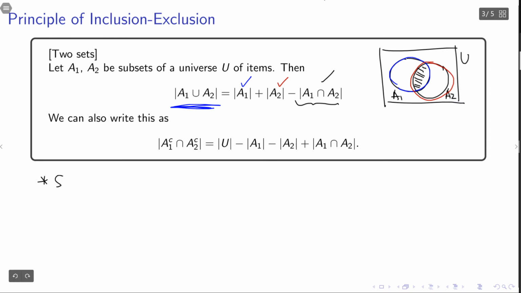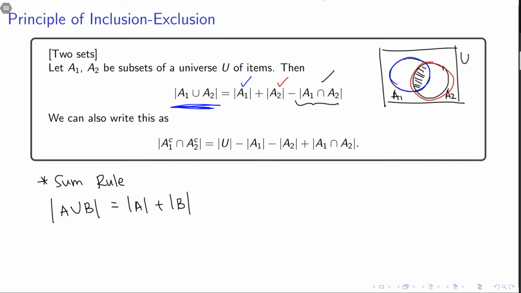Now note that this is very similar to the sum rule, which says if you have a partition, then it suffices just to add the individual cardinalities up to get the union. But remember, what does it mean if you have a partition?